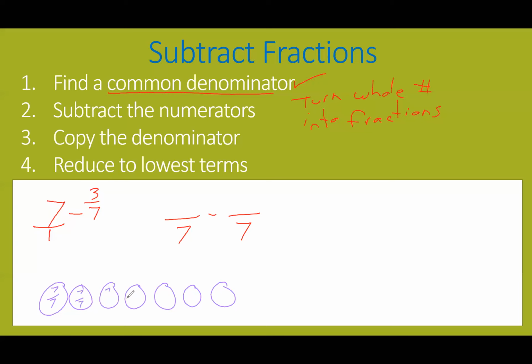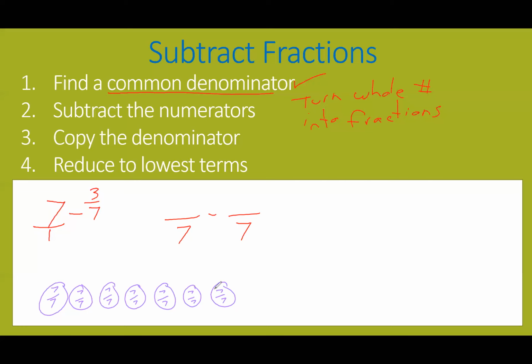And this one has 7 sevenths, and so on for each pizza. Right? So if I have 7 pizzas and each pizza has 7 slices, then I'm basically doing 7 times 7.